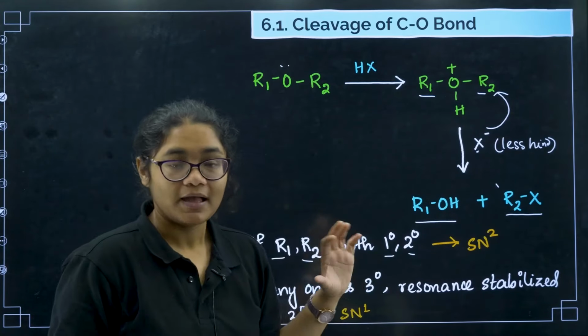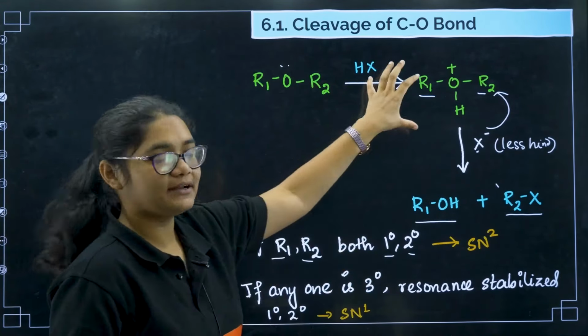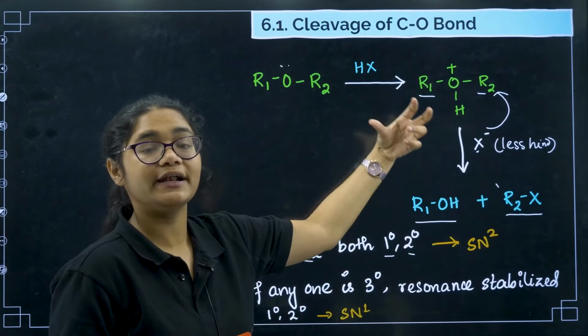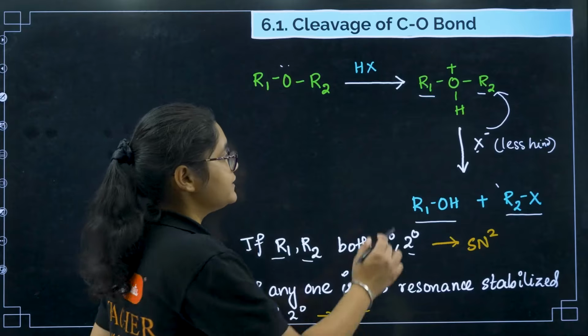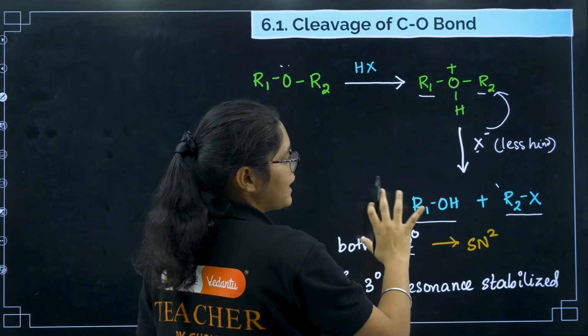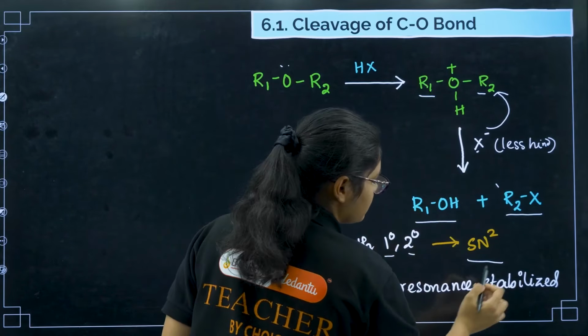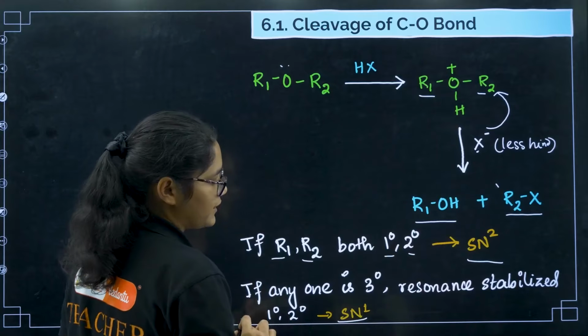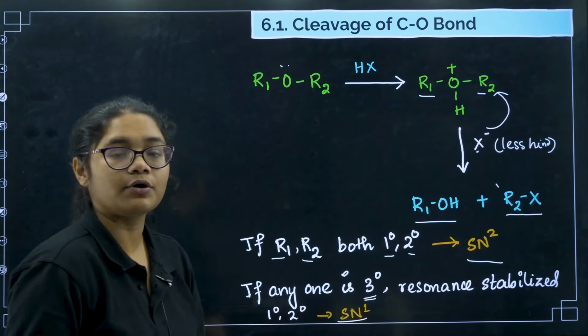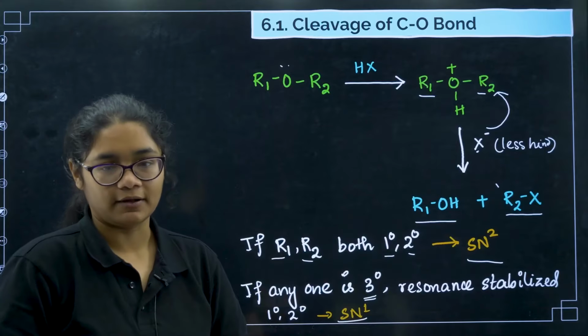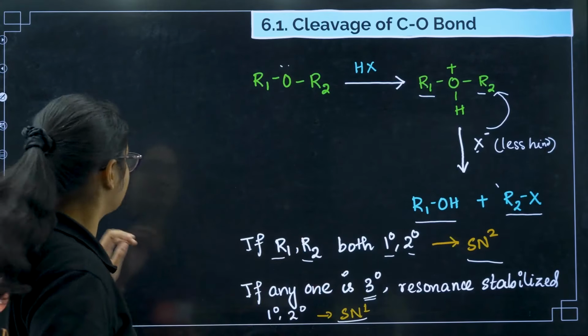But if one side is tertiary or a resonance stabilized group is there, then the reaction will follow SN1, and X minus will attach to the tertiary or resonance stabilized side. I will give an example, it will be more clear.